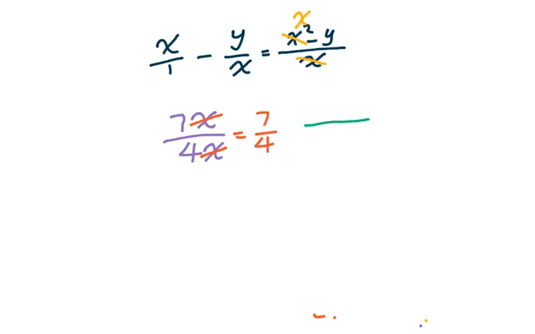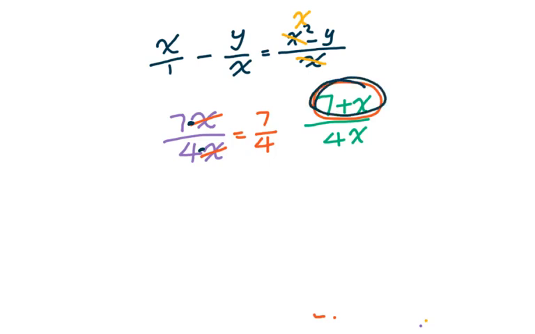But when you have 7 plus x over 4x, you cannot reduce because this is adding. That's 2 terms. Only factor. Factor means multiplication.